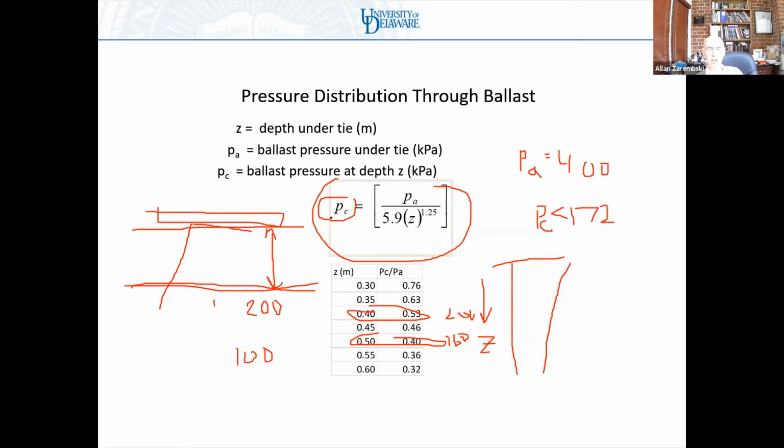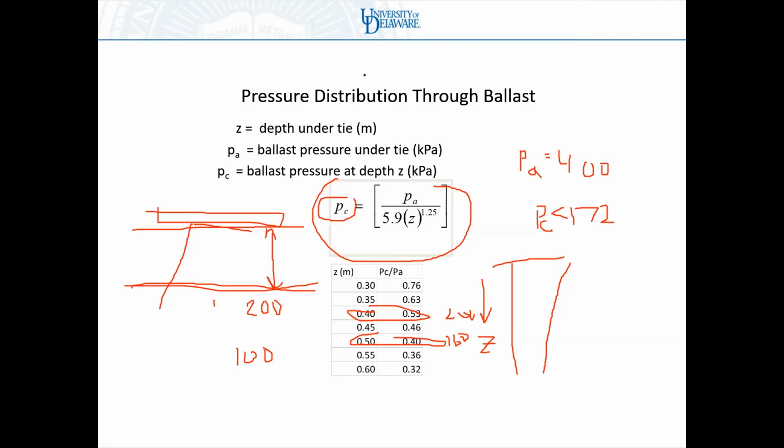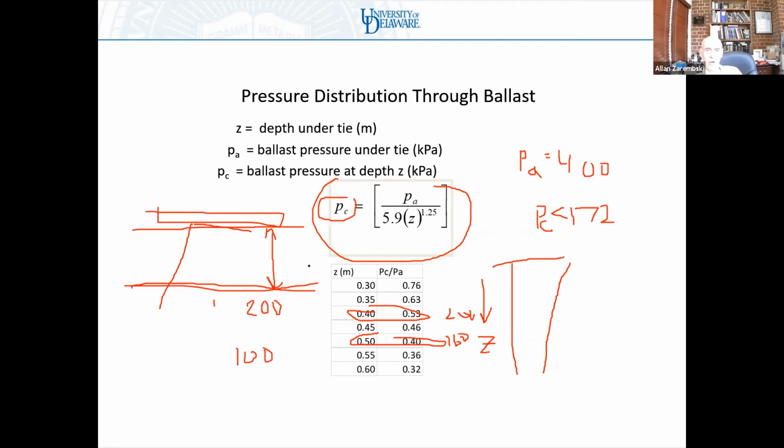Basically, what we're saying here is if I have a very good subgrade, I can get away with much less ballast. Again, let's take this case here. If my subgrade can take 200 kilopascals, and my pressure on the bottom of my sleeper is 400, then I need about 0.4 meters of ballast.